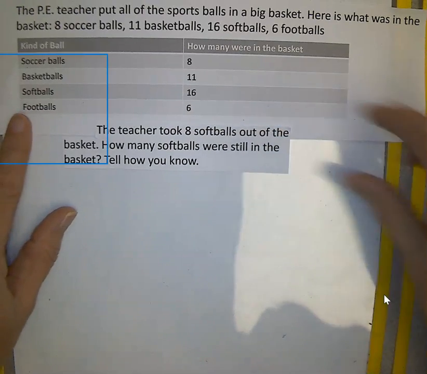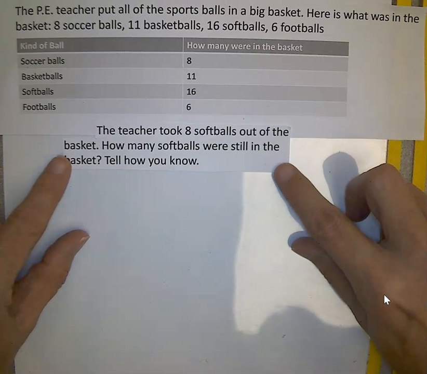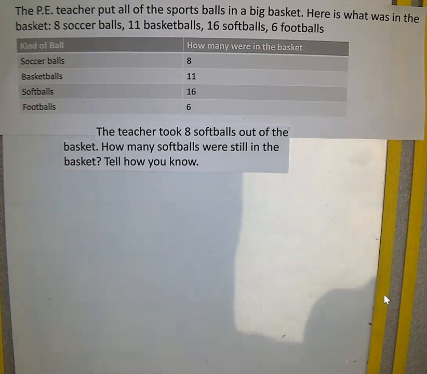The teacher took 8 softballs out of the basket. How many softballs were in the basket? Tell how you know. First of all, what information are we going to need on our chart? Let's look at what it's asking us. The teacher took 8 softballs out of the basket.